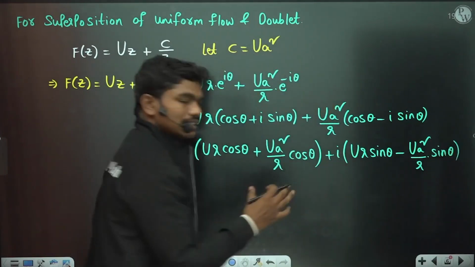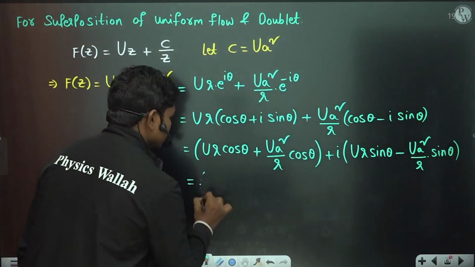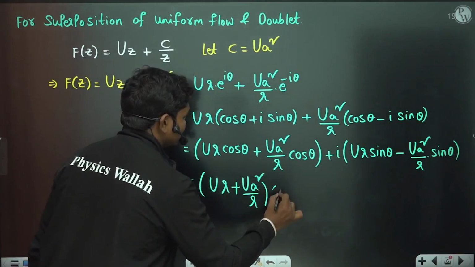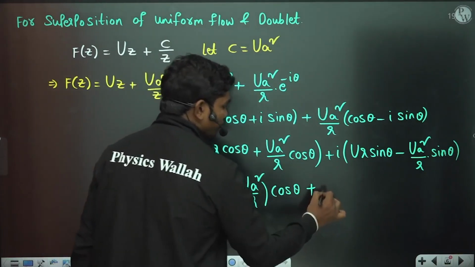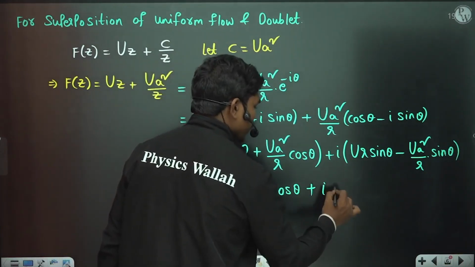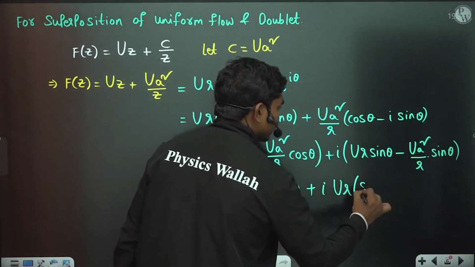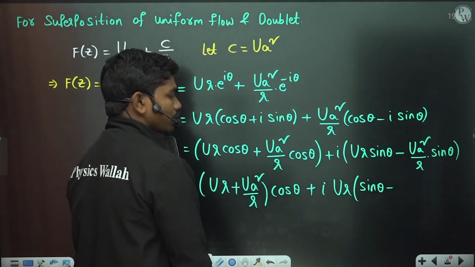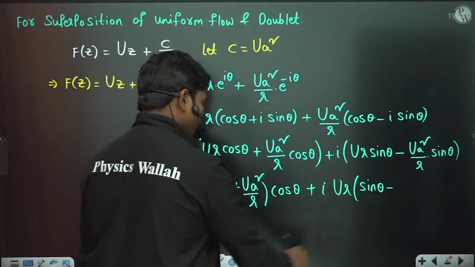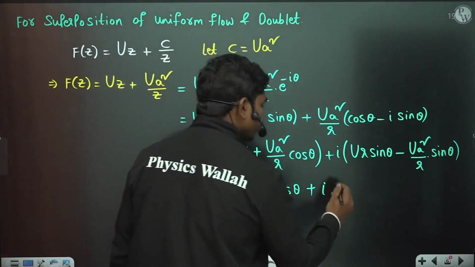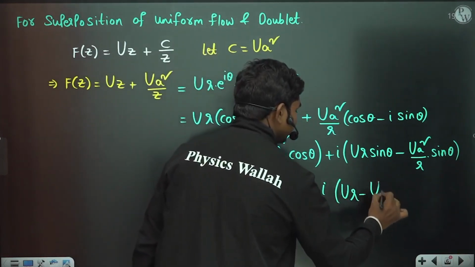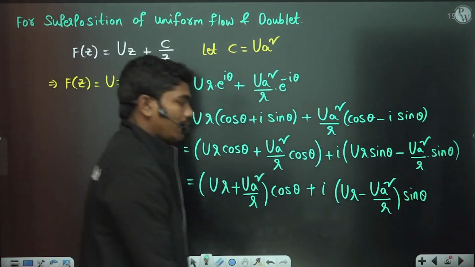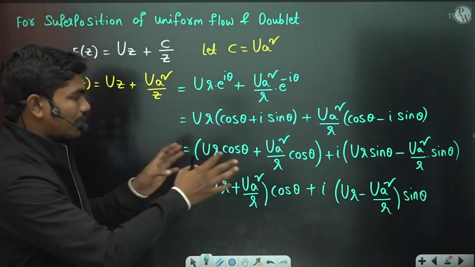If you take cos theta and sin theta common from both terms, just for simplicity, we get U R plus U A square by R times cos theta plus i times U R minus U A square by small r times sin theta, correct? So this is what you are able to get by splitting into real part plus imaginary part.